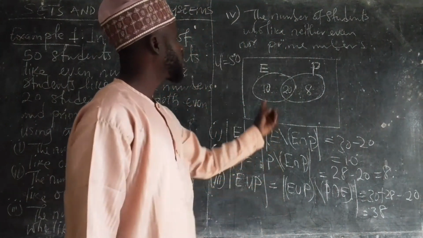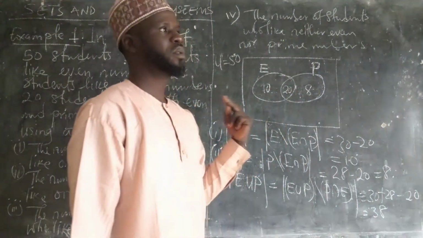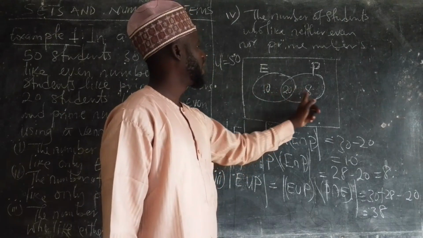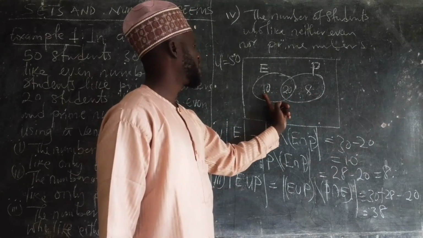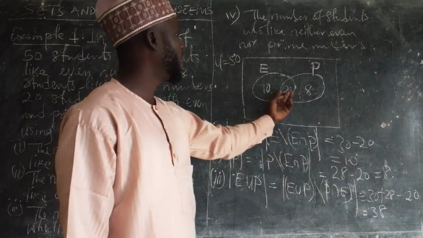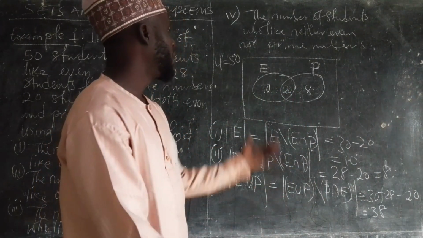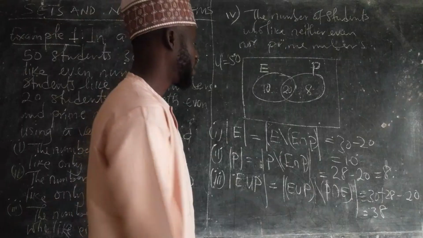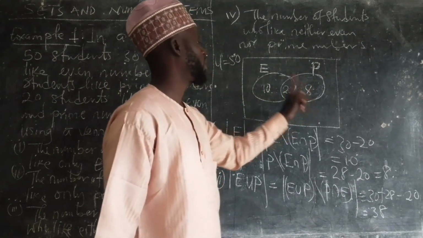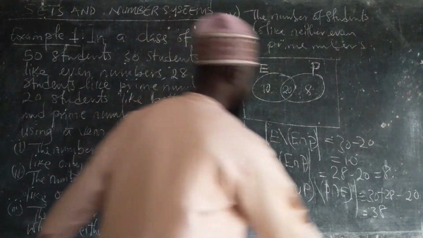This is the exact number if you sum up these regions, because we have removed the intersection from the overlap. That is 10 plus 20 plus 8, and that gives 38.